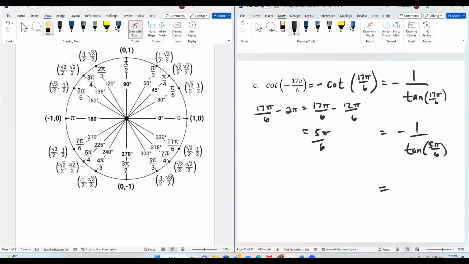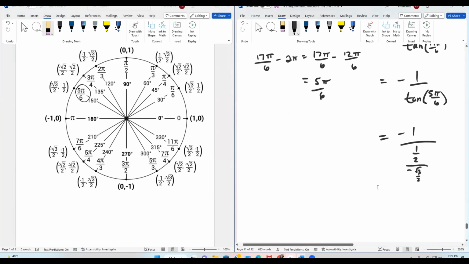So then we just need to locate that in the unit circle. So 5 pi over 6 is right here. Tangent is y over x. So that's 1/2 over negative root 3 over 2. So we've got to do some manipulation there. So let me just come down here.